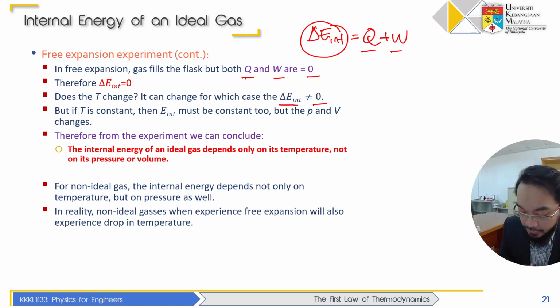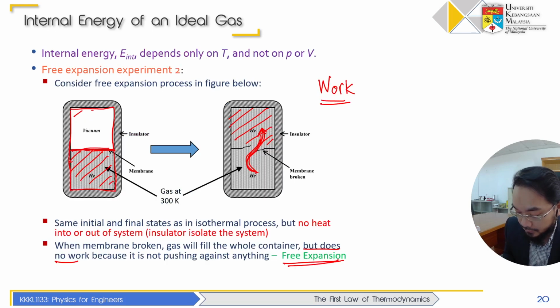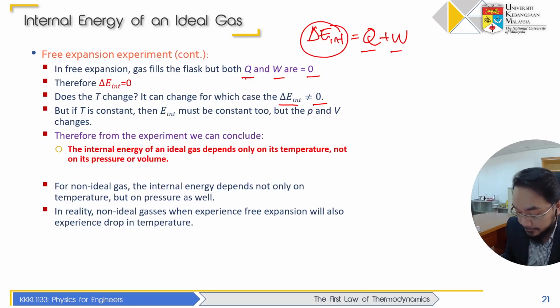But if T is constant, then internal energy must be constant too, while P and V change. The pressure has changed and the volume has changed; the pressure now is less because it is in a bigger volume, and the volume has doubled. But in a free expansion, normally the temperature does not change.